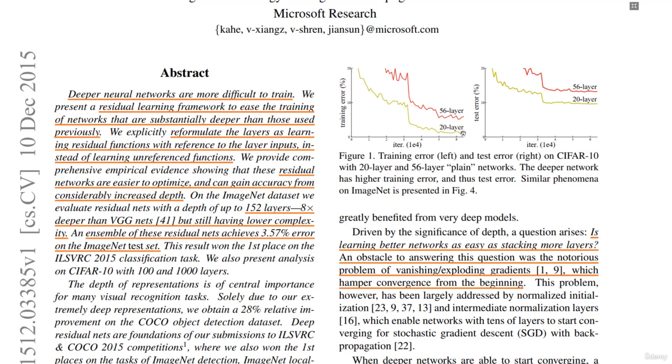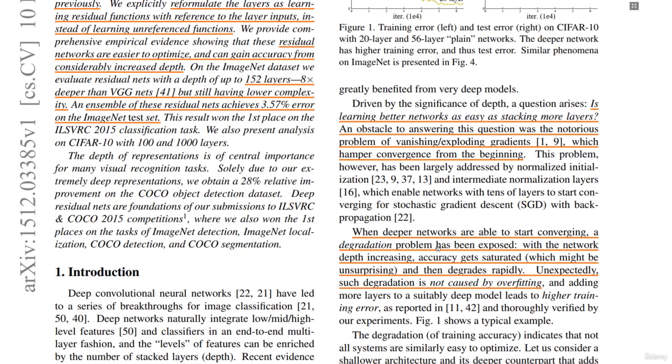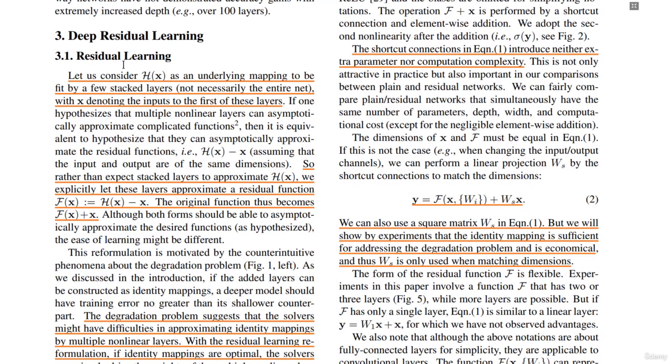This was done on the training and also on the test. And from the two curves, it's clear that the problem here is not that of overfitting, but instead of degradation as we keep on increasing the number of layers of our model. So the two problems we have here are vanishing or exploding gradients, which lead to models not converging, and also the problem of degradation. And so they came up with a concept of residual learning.